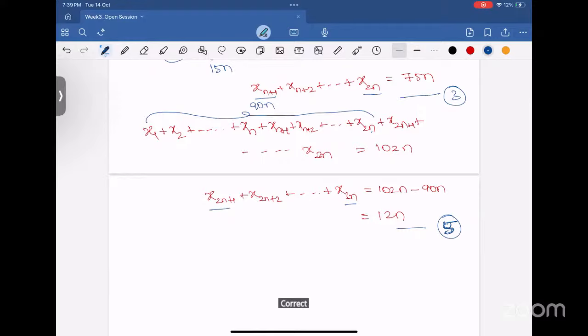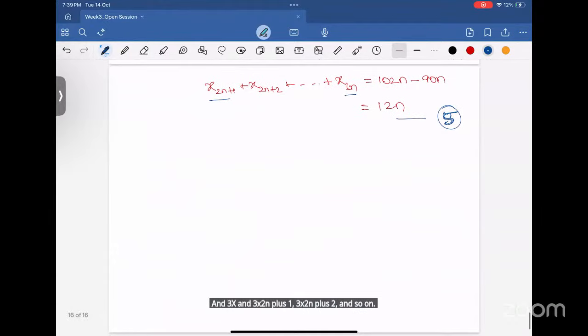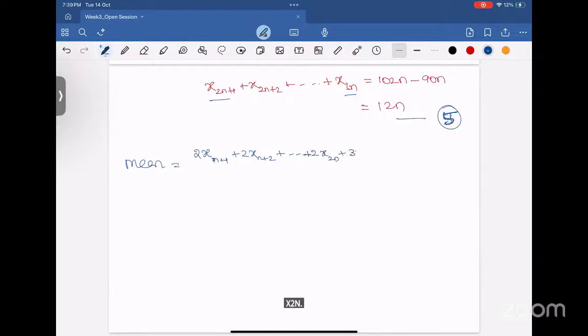The question is, what is the mean of 2xn plus 1, 2xn plus 2 and so on till 2x2n, and 3x2n plus 1, 3x2n plus 2 and so on till 3x3n? The mean is the sum 2xn plus 1 plus 2xn plus 2 and so on till 2x2n, plus 3x2n plus 1 plus 3x2n plus 2 and so on till 3x3n, divided by the number of data points.